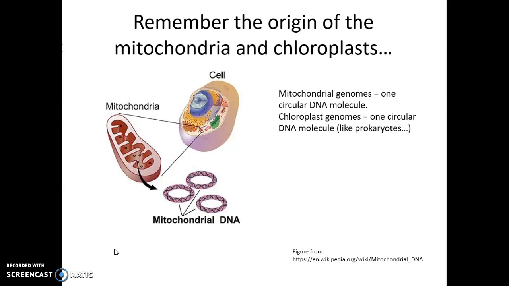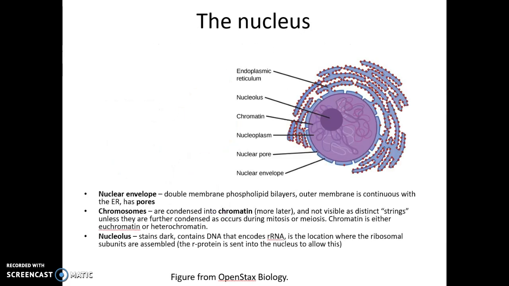So one cell phagocytosed another, and the one that was phagocytosed persisted and became an organelle, which explains the double membrane structure found in mitochondria and chloroplasts, and also the fact that when you look at their DNA, what you find is it's circular and it contains genes that have prokaryotic-like structure. They don't have introns. The 16S RNA gene is present, and so on. And we'll talk more about these genomes in a subsequent lecture, as I said.